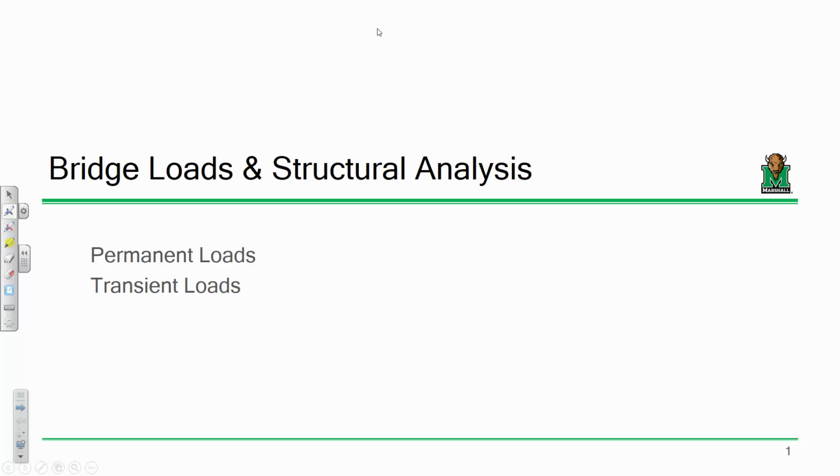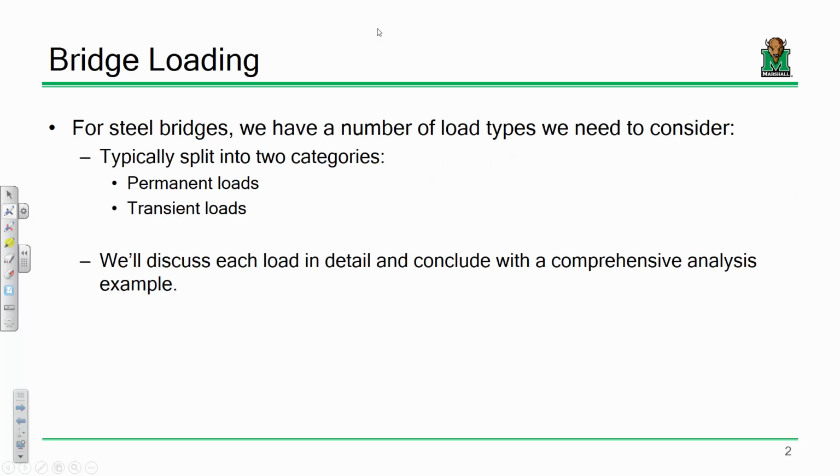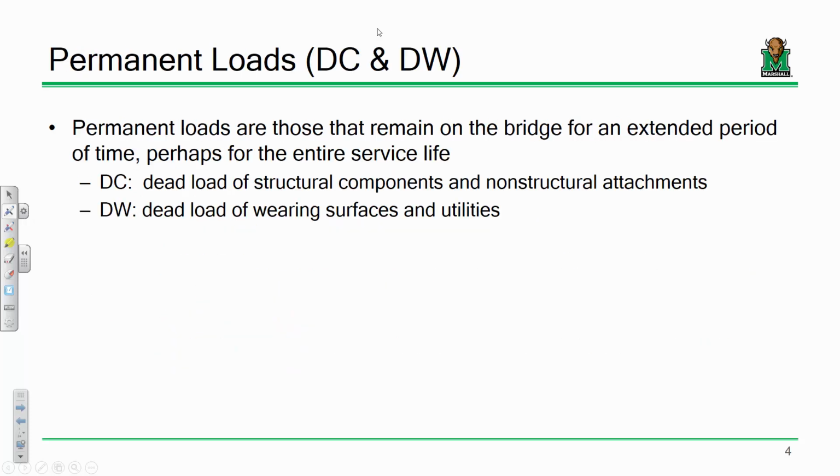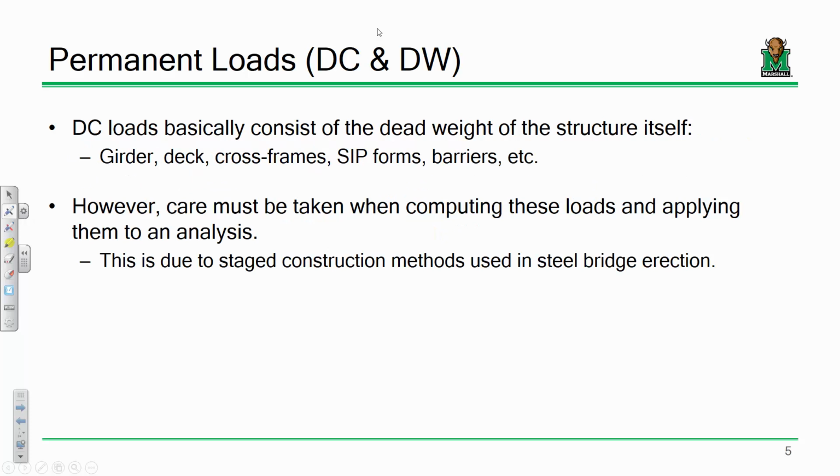We talked a little bit about bridge loads. Remember, we split them up into dead and live, and transient. I'll skip over the code a little bit. Right here, we spent the majority of the last couple days on these two slides, on DC and DW. Does anybody have any questions on DC and DW? I think that's pretty straightforward stuff, right?